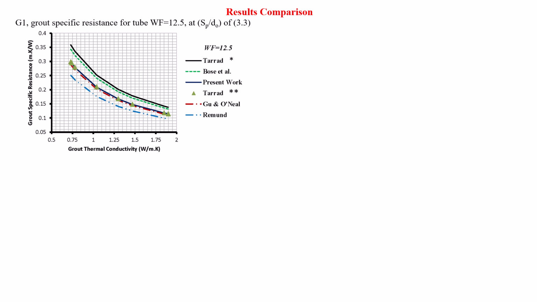It was around 0.25 meter Kelvin per watt, and the minimum value was obtained when the thermal conductivity is around 1.9, which is the highest thermal conductivity in our examination, and it was a value less than 0.15 for Tarad star, and less than that, around 0.1 for Raymond. This is for geometry G1.